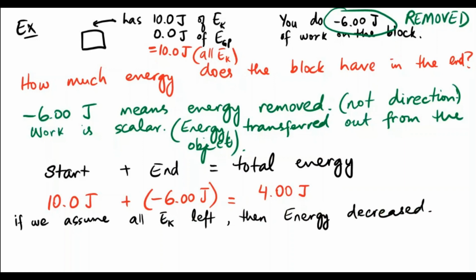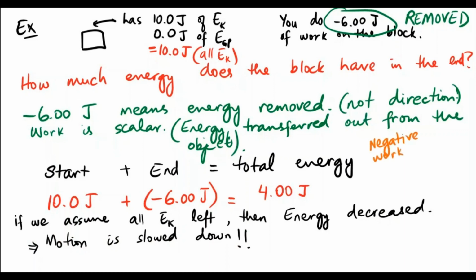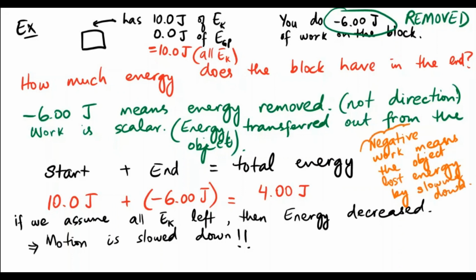So if an object is moving and has some kinetic energy and now has less kinetic energy, what it's telling you is that the motion has actually slowed down. So negative energy or negative work means that the object lost some energy by slowing down. That's one way to understand the negative or less kinetic energy of an object.